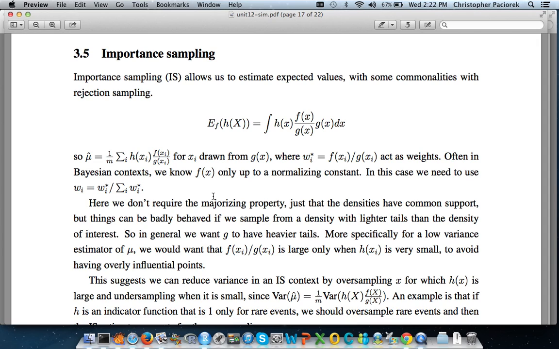Well, if we do that, we can draw out a picture of what this procedure would look like. So I've got some F distribution that has sort of heavy tails. So here's F. And now I have some G distribution that has lighter tails.